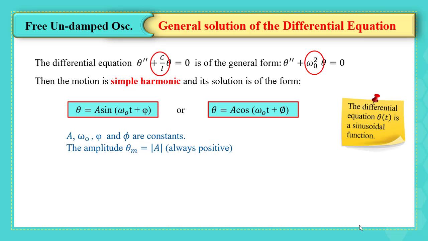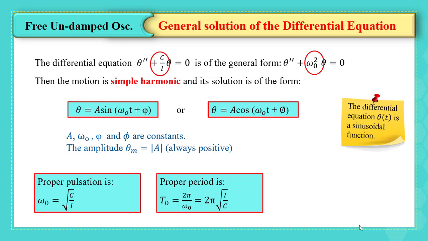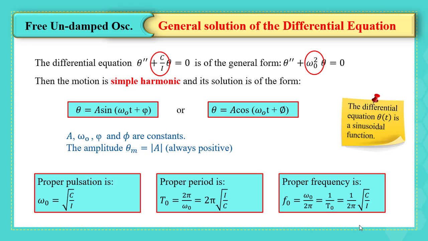Theta is a sinusoidal function since it depends on sine and cosine. The characteristics of this motion are the proper pulsation, omega 0, which is equal to radical c over I. The proper period is 2 pi radical I over c, and the proper frequency is 1 over 2 pi radical c over I. Let's solve an application.